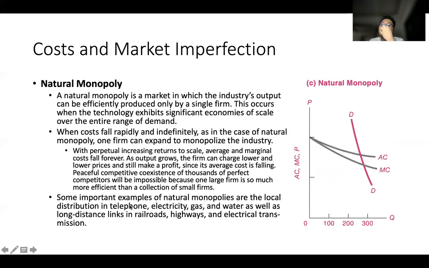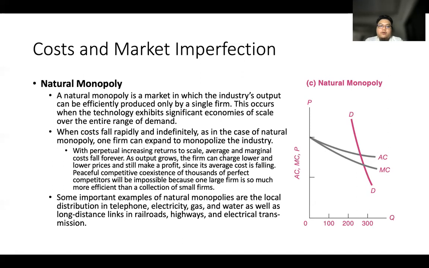Now we go to the case of a natural monopoly. We'll talk more about the natural monopoly later on, but basically a natural monopoly is a market in which the industry's output can be efficiently produced only by a single firm. Again, this is due to economies of scale.